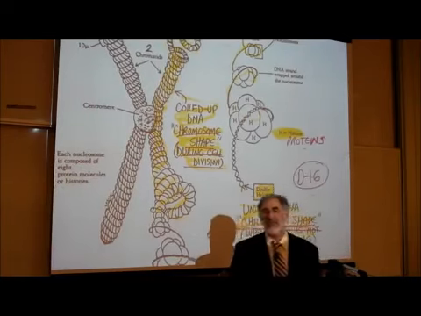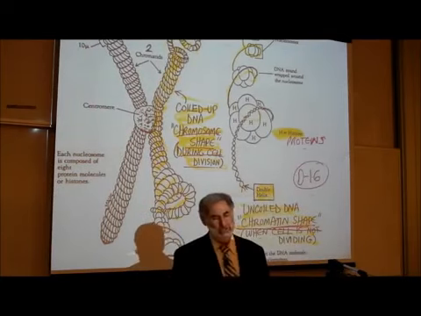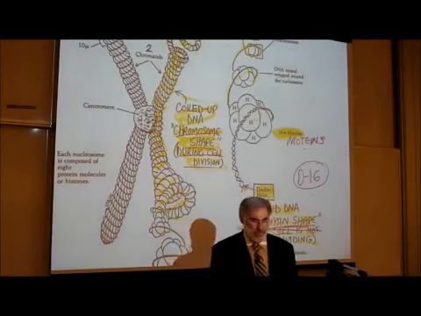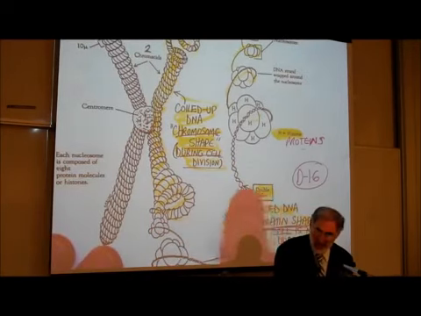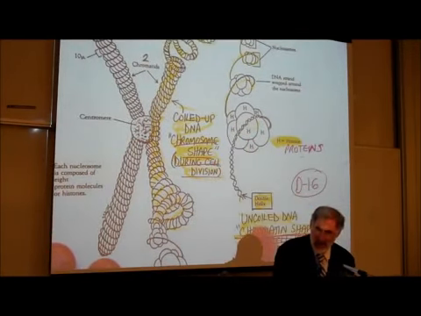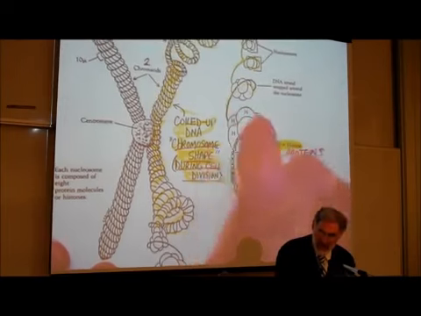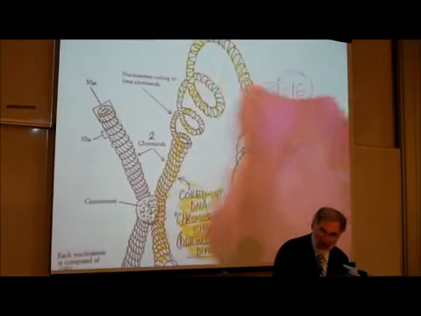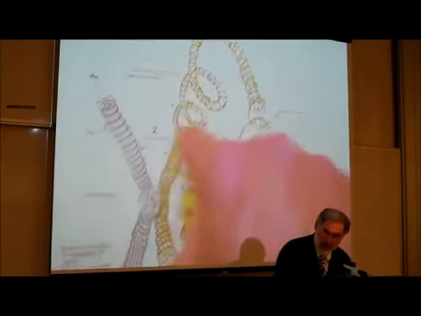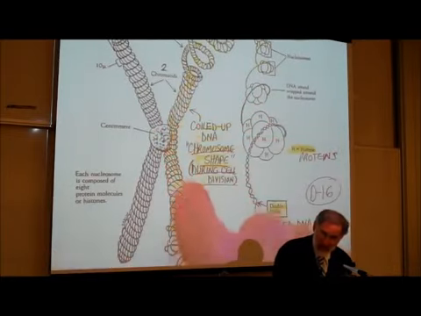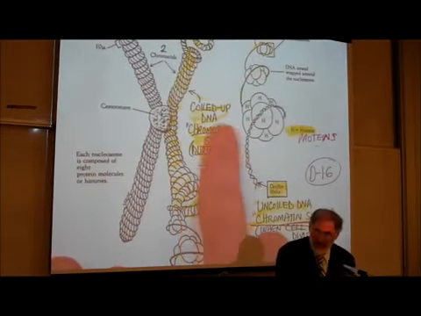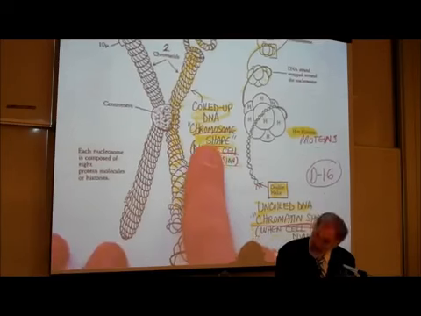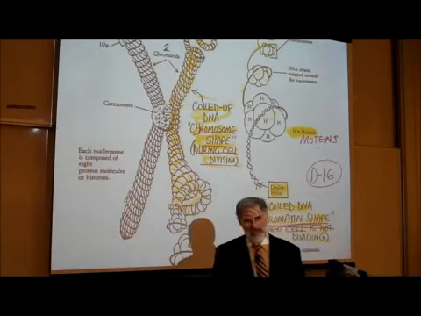However, when the cell is going to divide, it coils itself up. So let's see this double helix, this chromatin-shaped DNA molecule, coil itself up over and over and over again into this tightly coiled up shape. This tightly coiled up shape is called a chromosome shape.